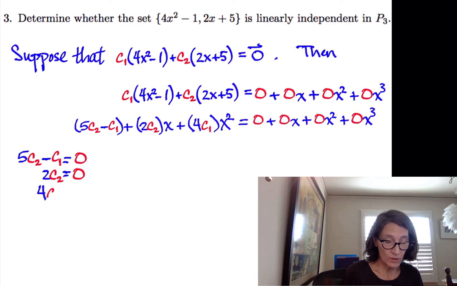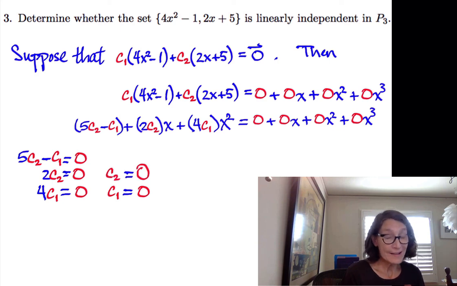And then the last one is 4c1, the coefficient of x squared, that one has to be 0. And we don't have an x to the third term, so we don't have a fourth equation. So we have 3 equations, 2 unknowns, and we can see from the last equation that c1 is definitely 0, and the second equation tells us c2 is 0, and that's it. We only got the trivial solution.